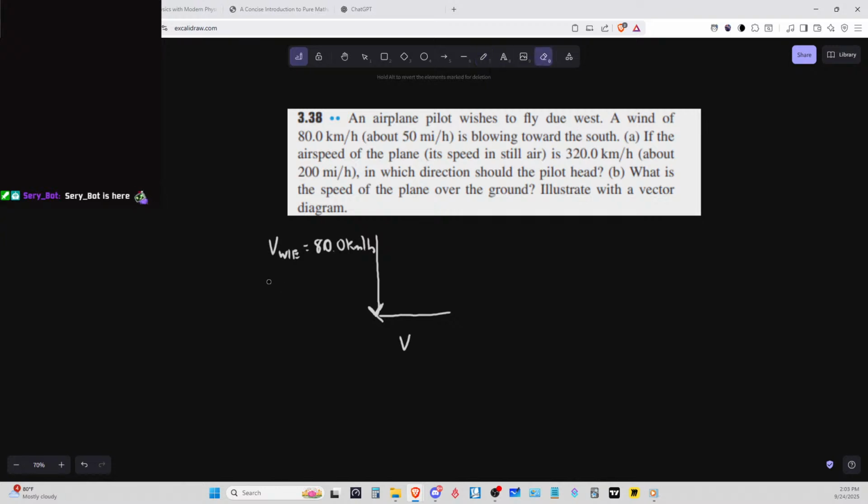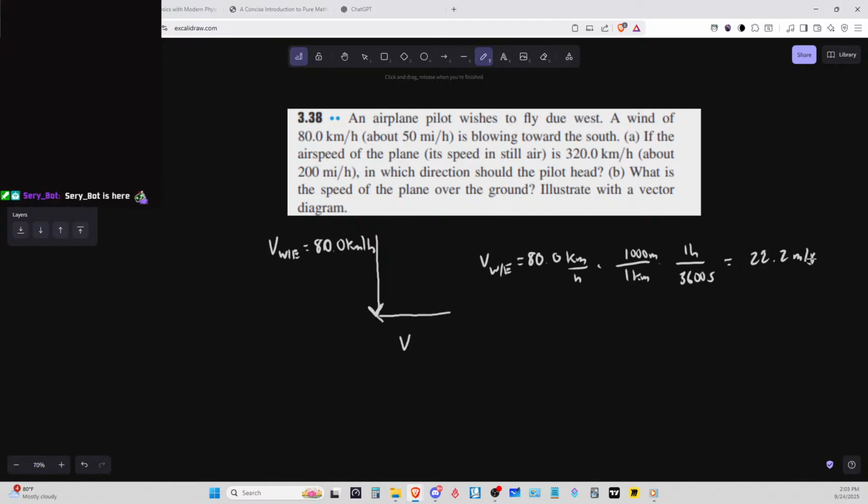I think we'll just convert it on the other side, because we're going to have to deal with a lot of stuff here. So 80 kilometers per hour. 1 kilometer is 1,000 meters, and 1 hour is 3,600 seconds. Divide that, and it gives us 22 meters per second. Okay.